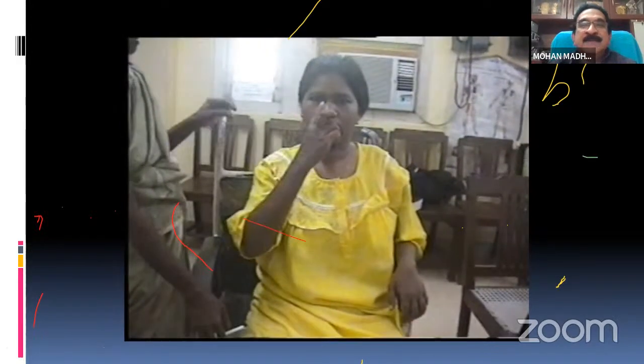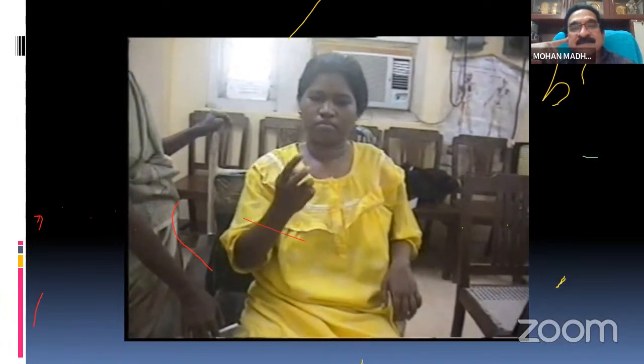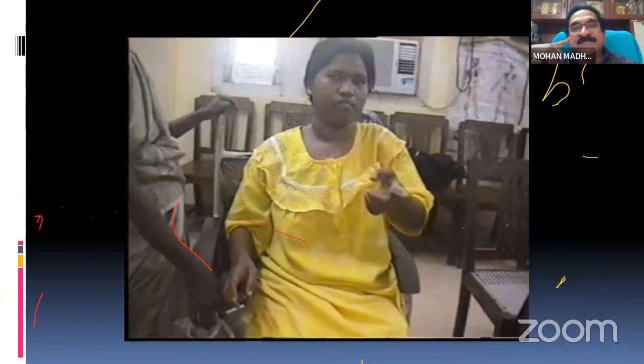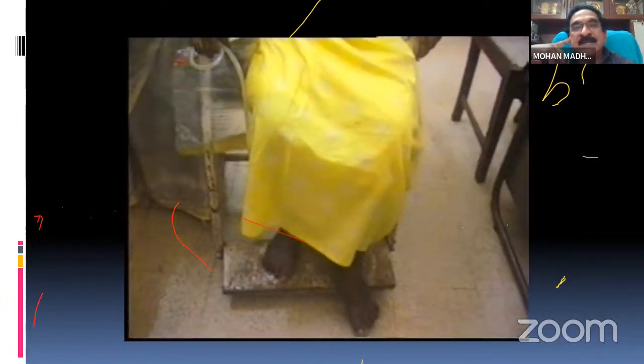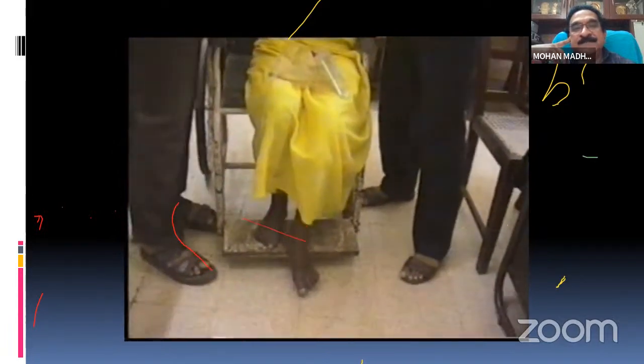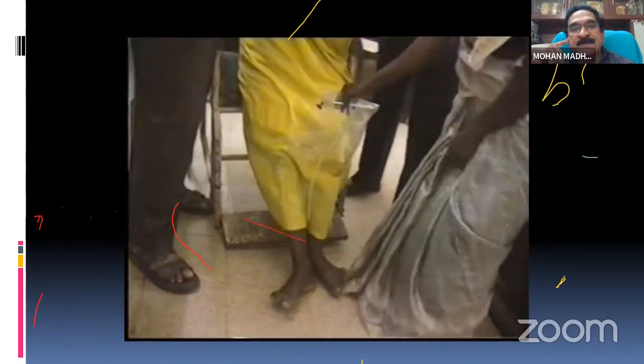But the degree of ataxia that they have, the limb goes into chorea.